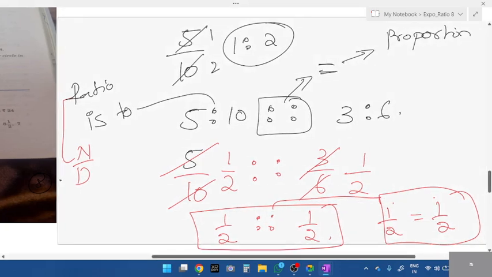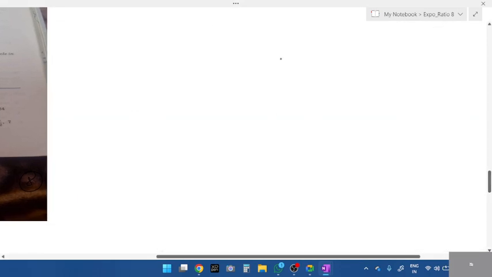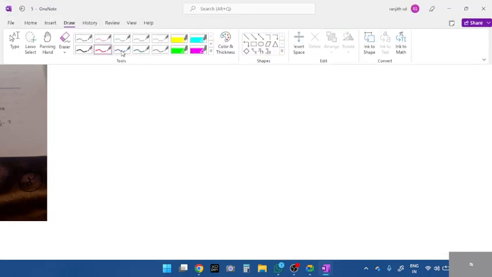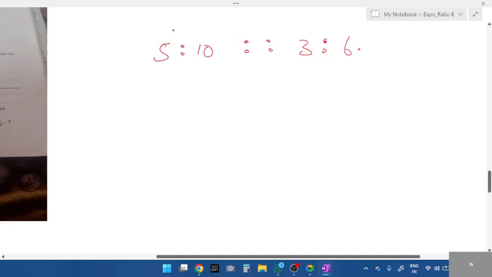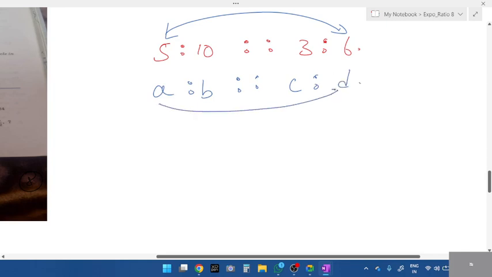Next, in this we have a concept called extremes. I'll take the same question, 5:10, 3:6. These two terms we call extremes. I'll take it as A is to B is proportion to C is to D. The first and the last one are called extremes. What do you call them?